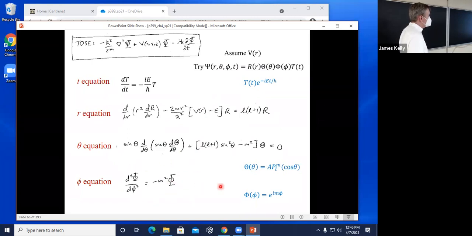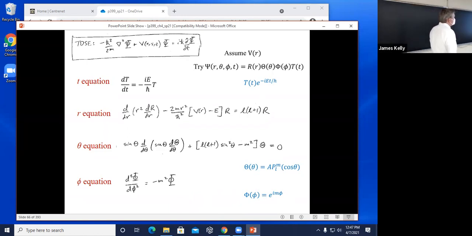There are 2 linearly independent solutions, but they're both of this form, so initially m could be any integer in order to satisfy the boundary condition phi at 2 pi is equal to phi at 0. And we solve the theta differential equation using a series solution.